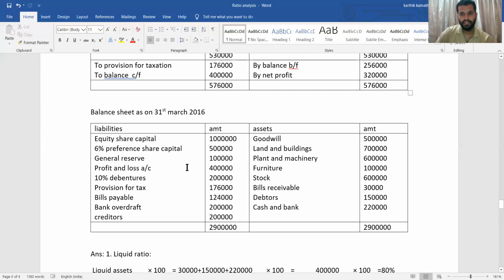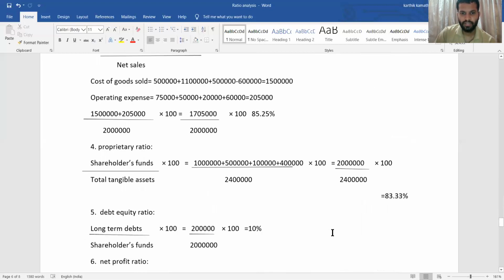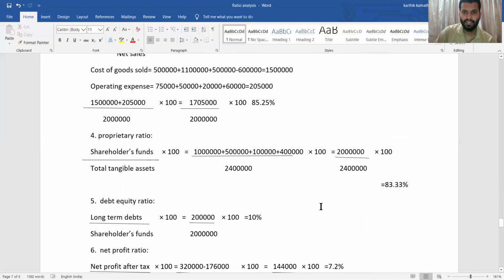Total tangible assets means all the assets minus goodwill, so 29 lakh minus 5 lakh, that is 24 lakh. 20 lakh divided by 24 lakh into 100, you will get 83.33%.